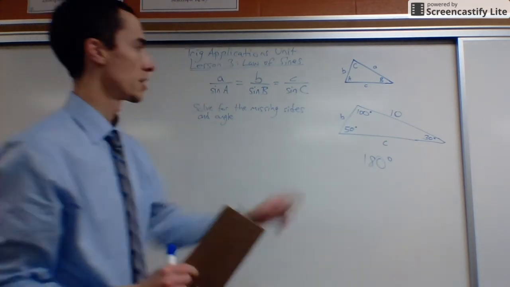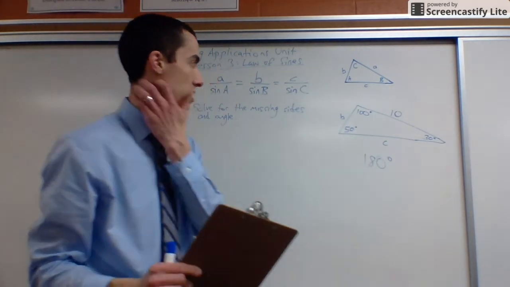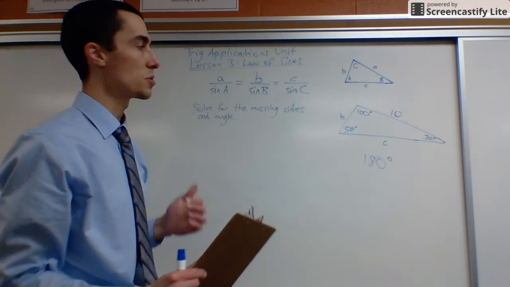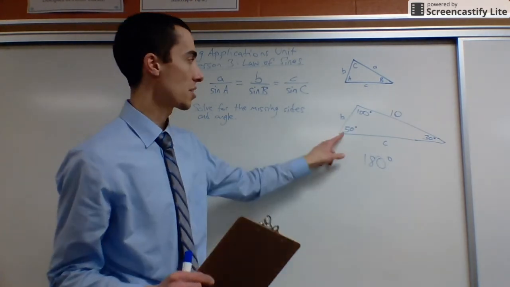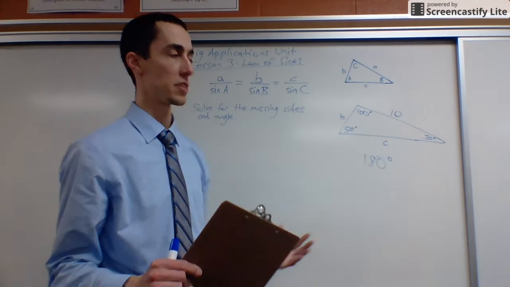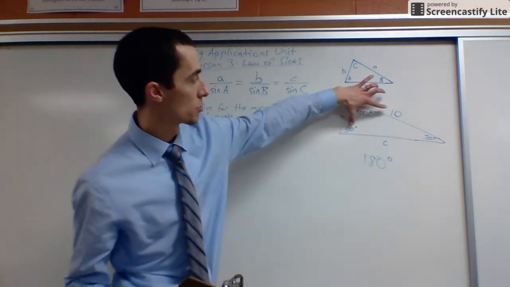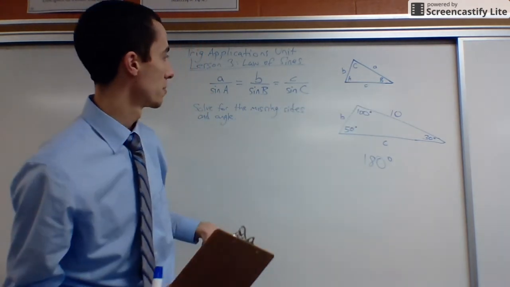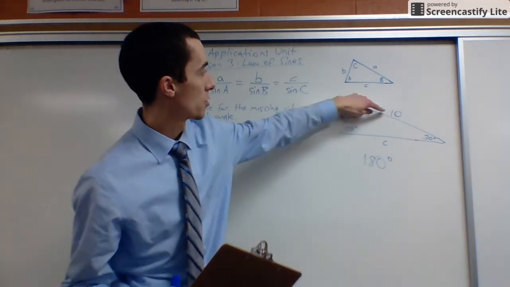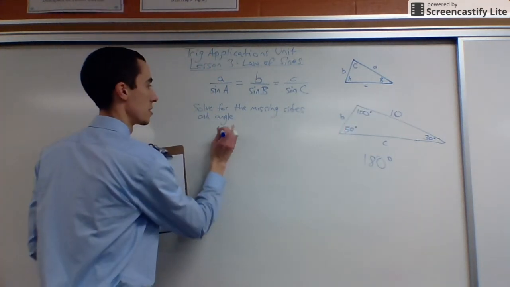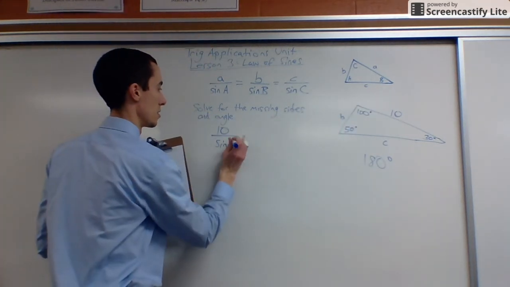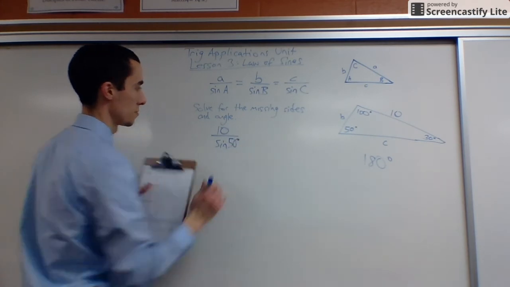So now we need to find out what side B and what side C are. When we're using the law of sines, what we want to do to start out is to find an angle and the opposite side, which are given to us already, which would be this pair right here. So we can find the ratio of 10 to the sine of 50 degrees.